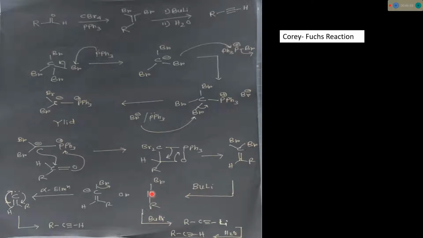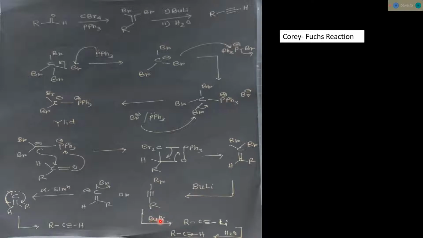Some people prefer this mechanism. If we use butyl lithium, then butyl lithium will attack this hydrogen. There is a negative charge, and the negative charge pushes, and one bromine is released. Then we will get R triple bond Br.